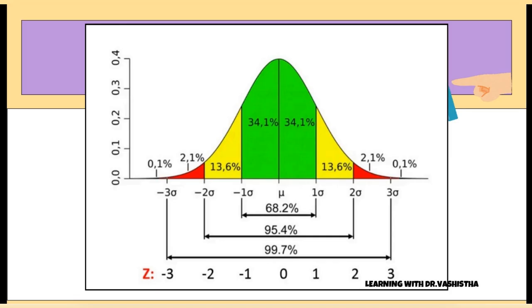And similarly, for the third one, which is 3 sigma on the right and minus 3 on the left, which is taking around 2.1%, is spread around 99.7%. So that is how, even with the help of this, we can find out the value of z here, which we'll further study under the numerical parts.